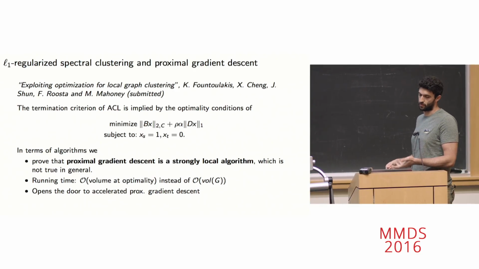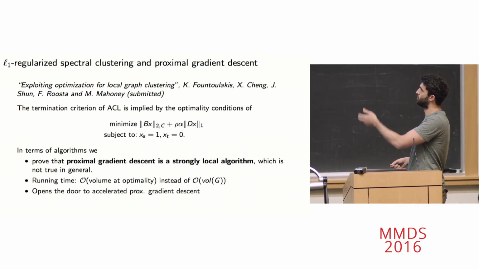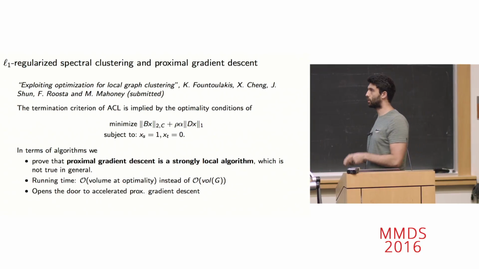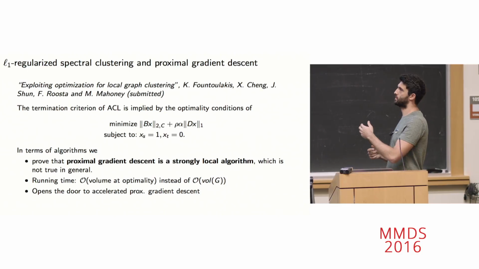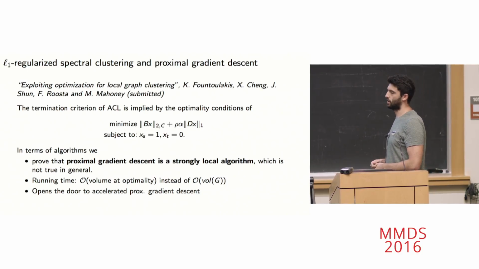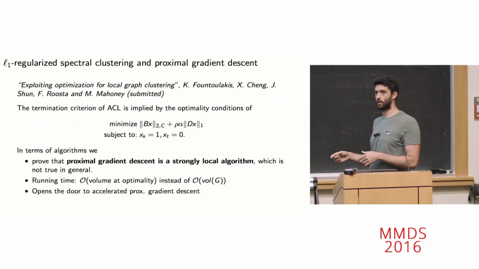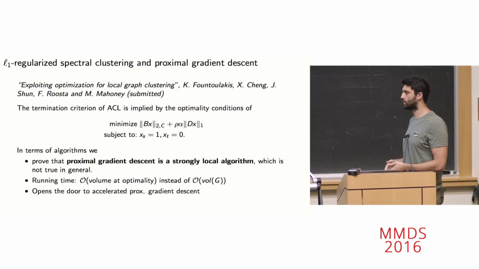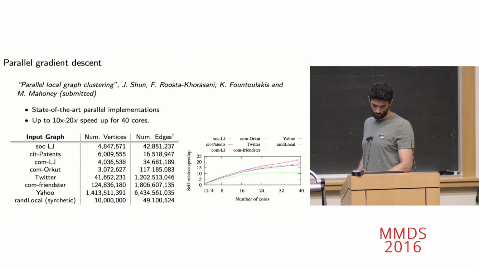And we proved that the running time of the proximal gradient descent algorithm for this problem depends only on the volume of the nodes that are non-zero at optimality instead of the volume of the whole graph. And this opens the door to accelerated versions of proximal gradient descent, which will mean that we can have strongly local algorithms which have very nice dependence on the condition number of the problem as well.